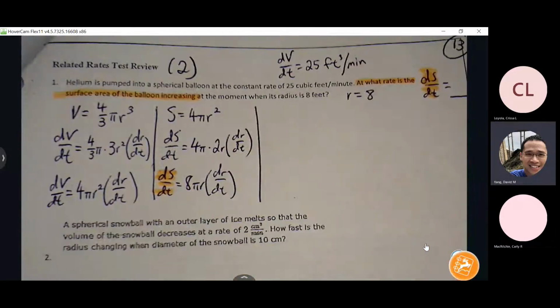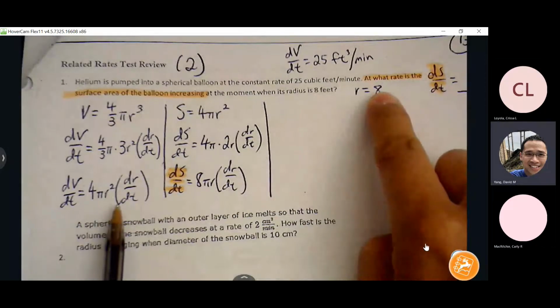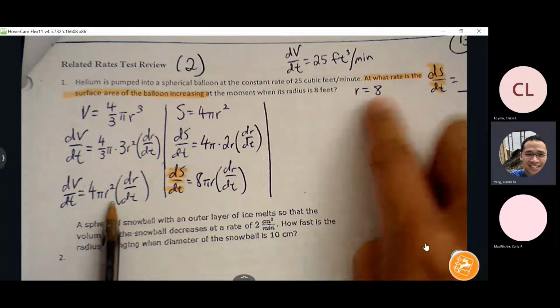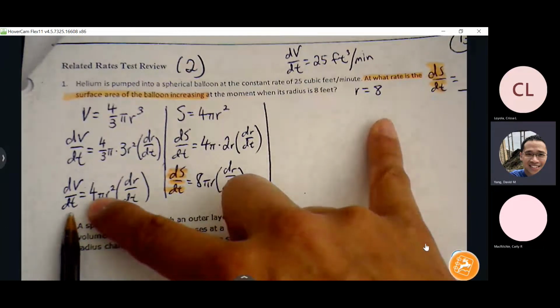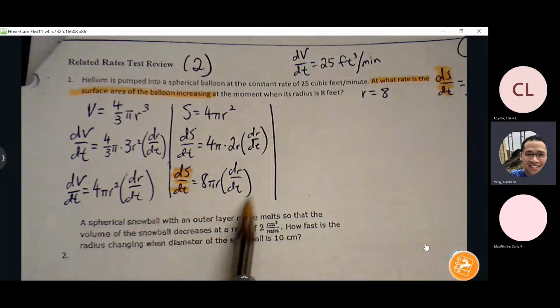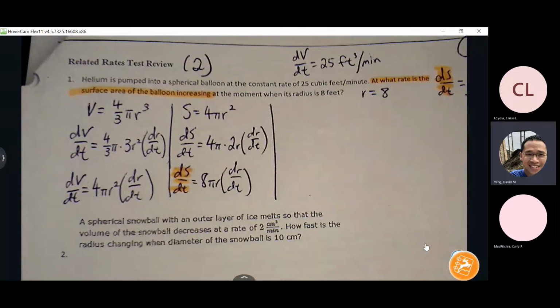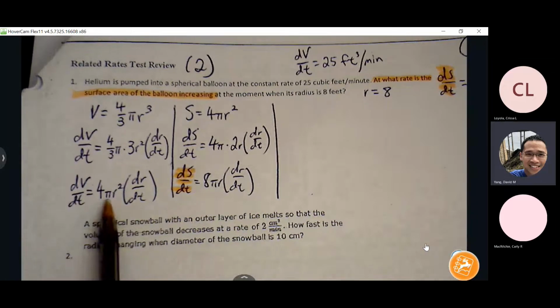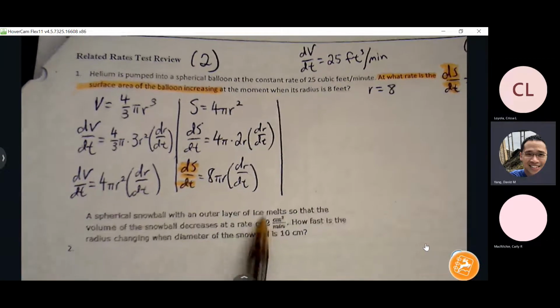Would we plug in R equals 8 to dV/dt, get dR/dt, and then plug dR/dt and R back into that? Yeah, so it's a two-step process. We need this to get to dR/dt, and then from there we can get to our answer.